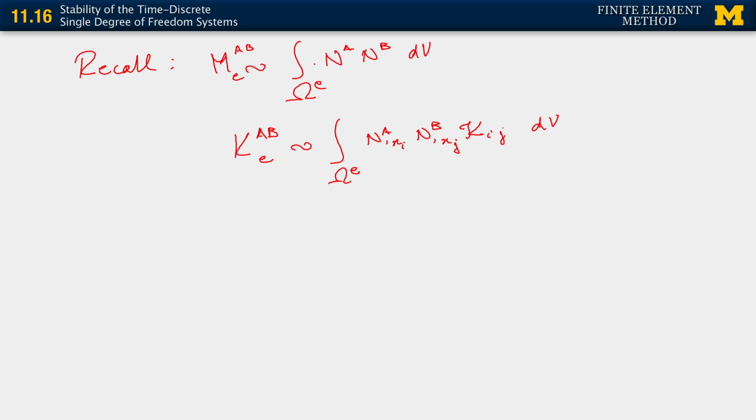And yes, the mass matrix may also have a specific heat there, or rho could be 1 if you're doing diffusion. What is the order of these sorts of terms? Because they're shape function derivatives, they are of order 1 over h. As a result, M_AB is of order maybe 1, but K_AB is of order h to the minus 2.